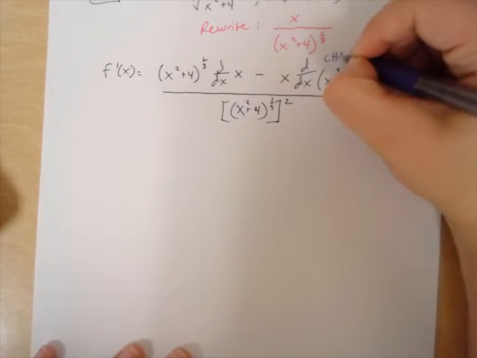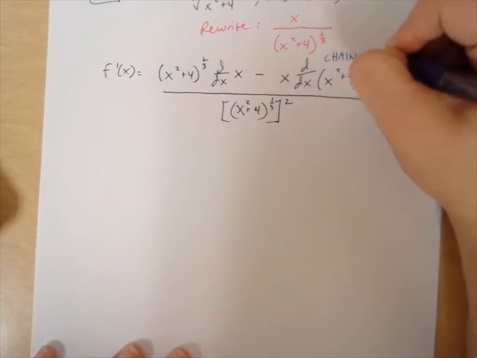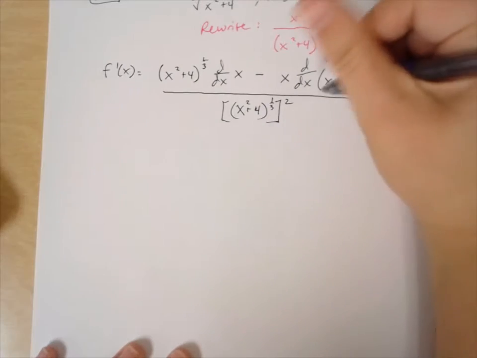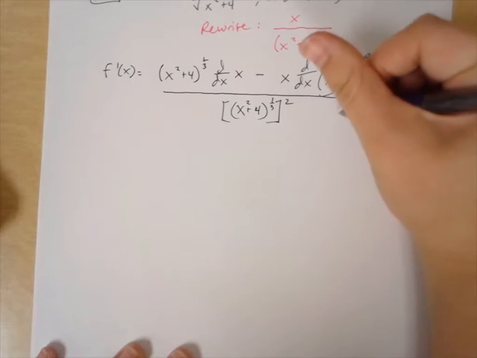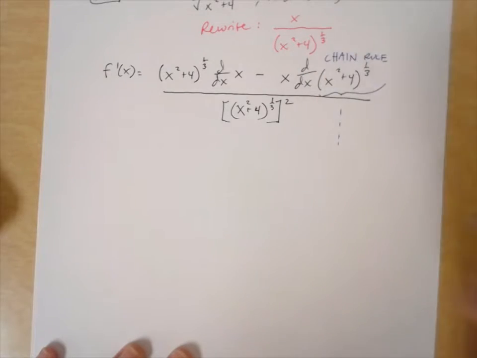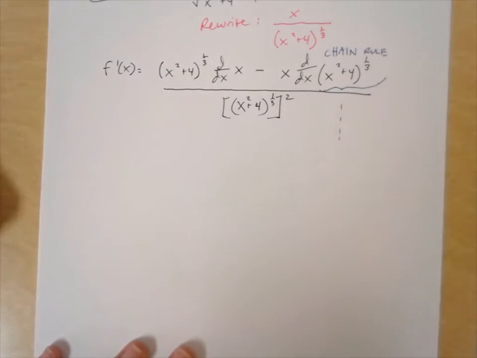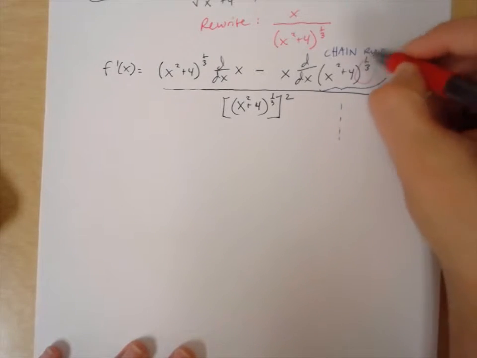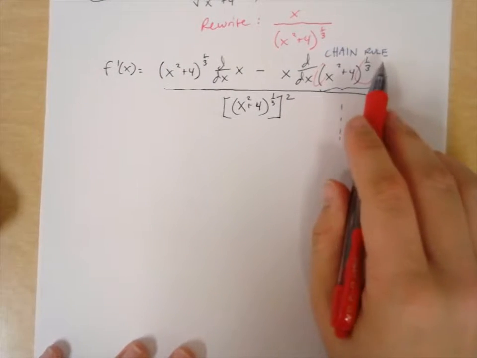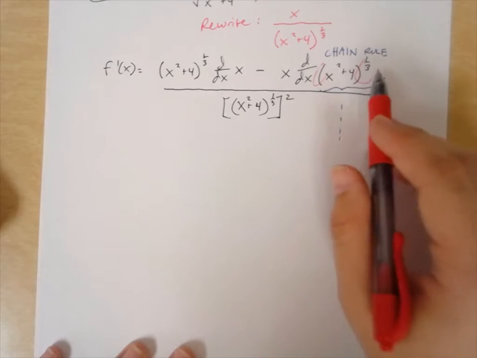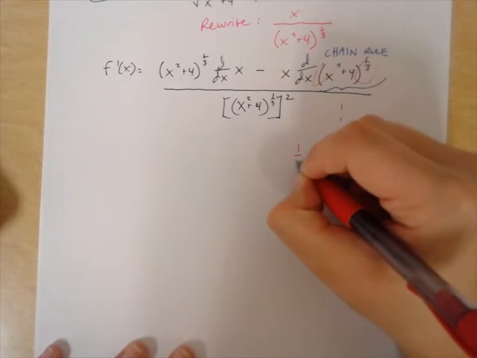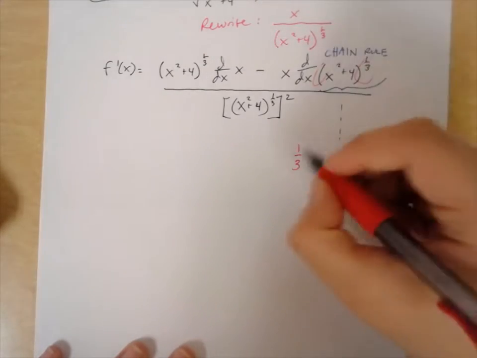I'm going to say chain rule, and let's just draw kind of like a dotted line. Let's take care of this guy. I know that if I was going to use the chain rule, I'd have to take care of what's on the outside of this thing first. And it looks like I have a power to the 1/3 first. So if I use the power rule there, my 1/3 comes out front.